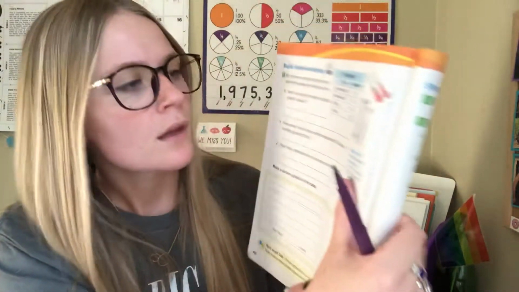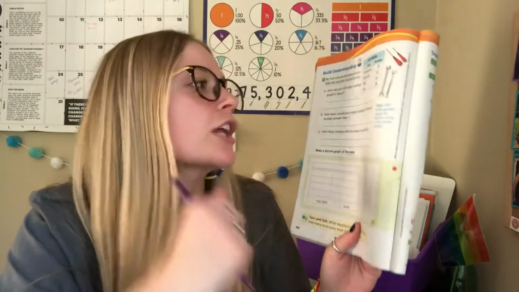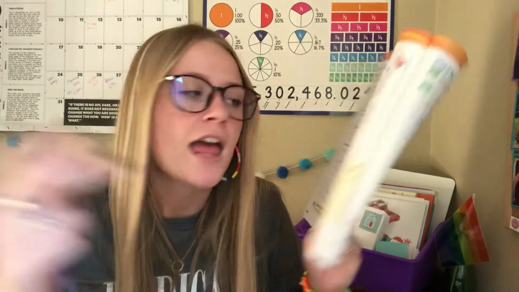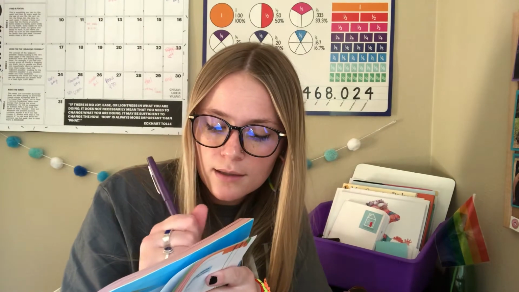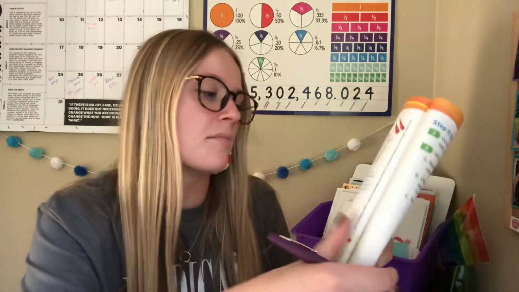So how do we know, like with our other picture graph that we just drew for the Spark Your Learning, how do we know what the picture graph is all about? What part of the graph tells us what we're even representing? That's the title. The title tells us what this graph is all about.